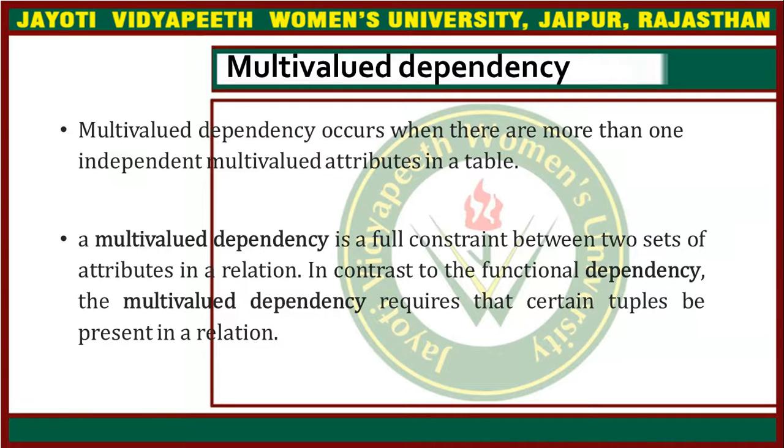In multi-valued dependencies, this occurs when there are more than one independent multi-valued attributes in a table. A multi-valued dependency is a full constraint between two sets of attributes in a relation. In contrast to the functional dependencies, the multi-valued dependency requires that certain tuples be present in a relation.